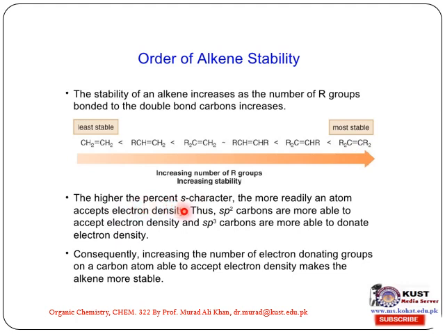The higher the percent s character, the more readily an atom accepts electron density. Thus, sp2 carbons are more able to accept electron density, and sp3 carbons are more able to donate electron density.